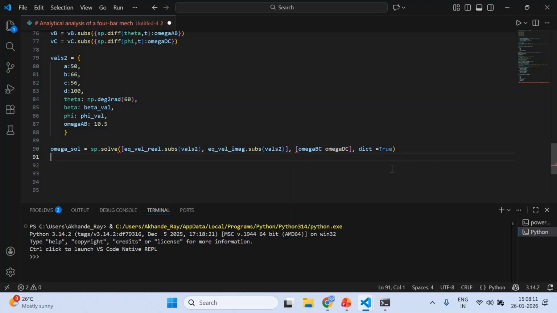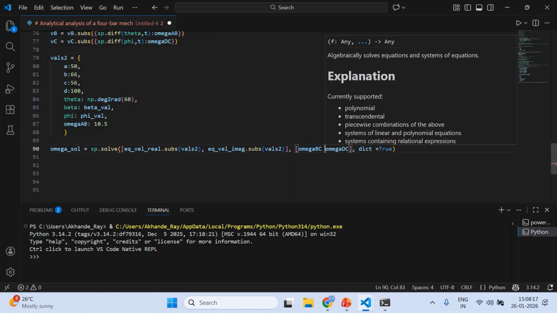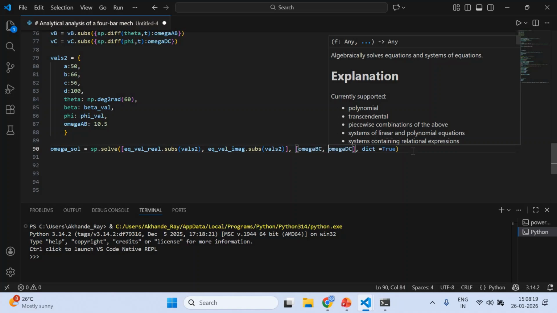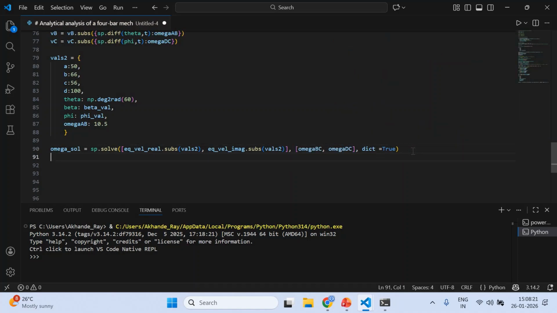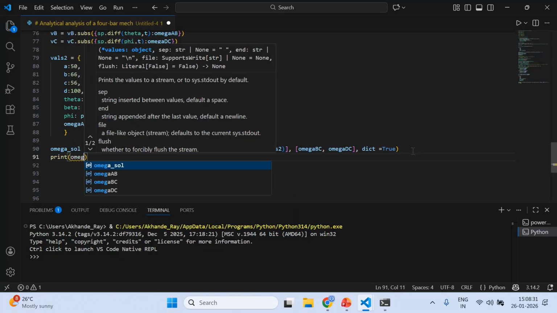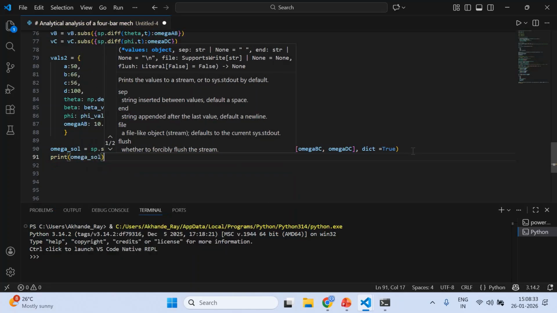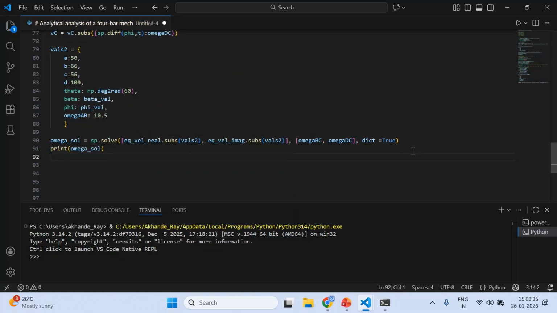Solution is done. Okay, so I think a comma is missing here. Just be careful with the use of brackets and commas. So now it is done, right? Now here you simply type print omega underscore sol and check for the solution. So now here omega underscore BC underscore well.